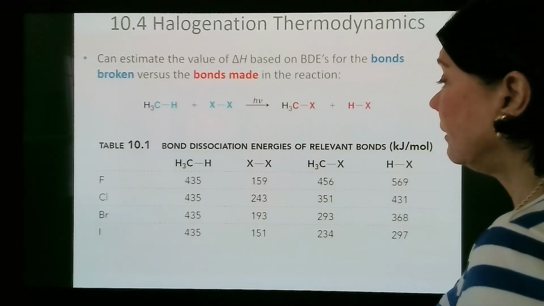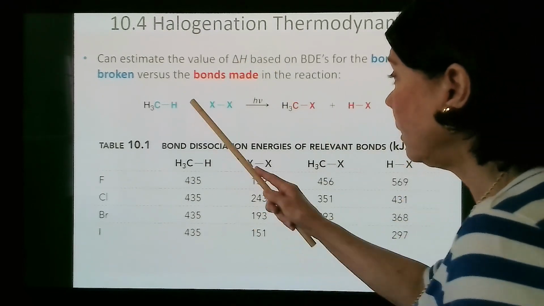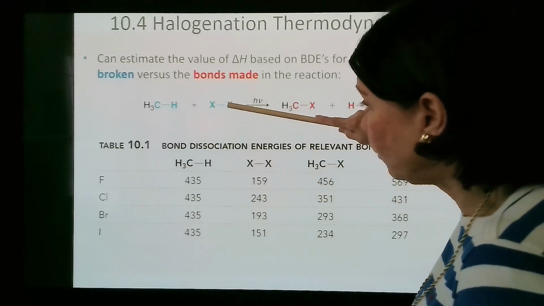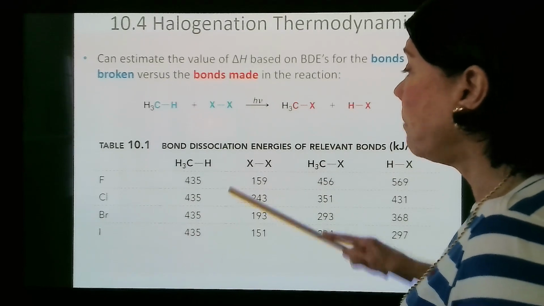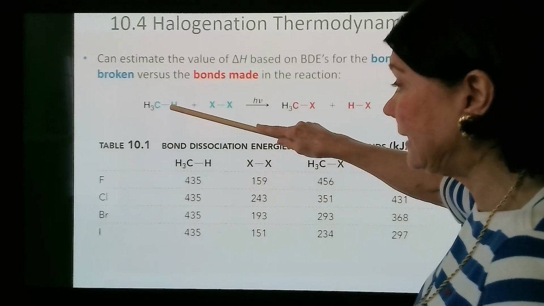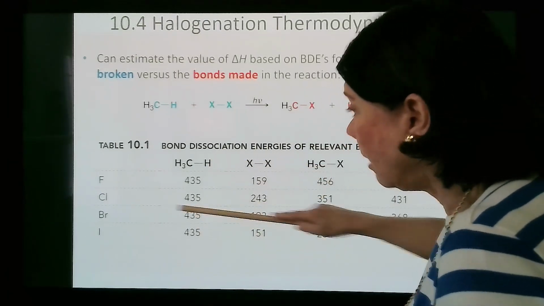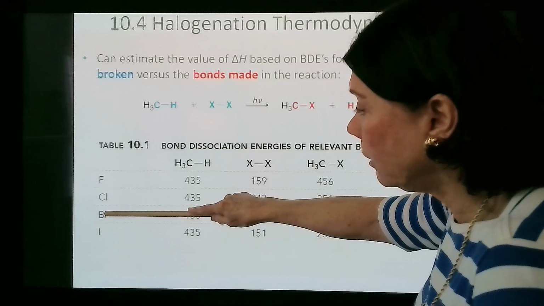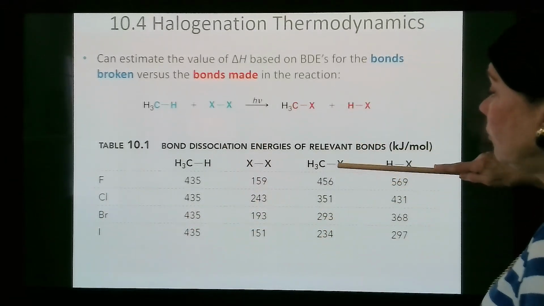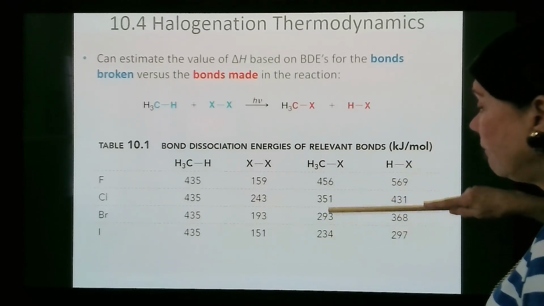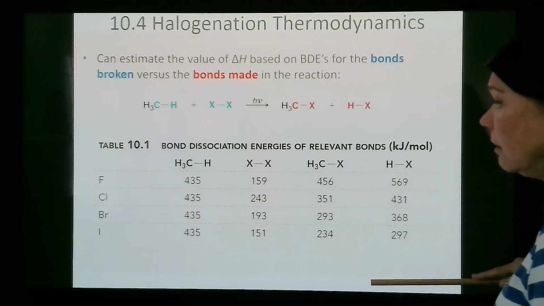So what we're going to have to consider in calculating the delta H in each one of these reactions, and I'm saying each one because we've got four different reactions here, is the bond dissociation energies of the reactants. That's going to be something from this column, depending on whether we're looking at fluorine, chlorine, bromine, or iodine, minus the bond dissociation energies of the molecules in these columns.